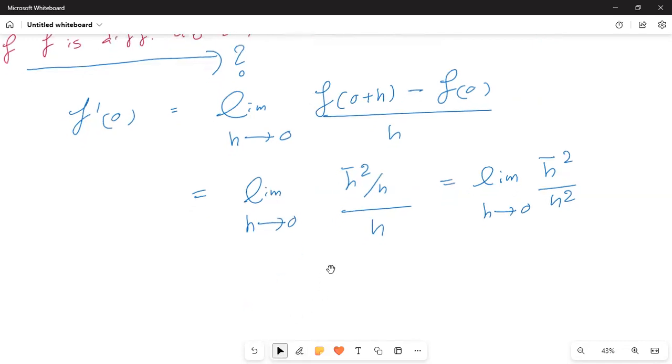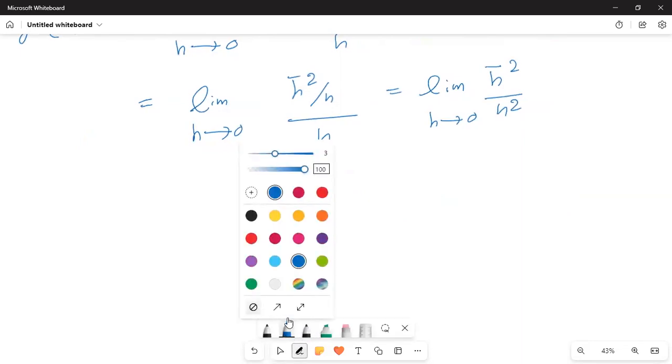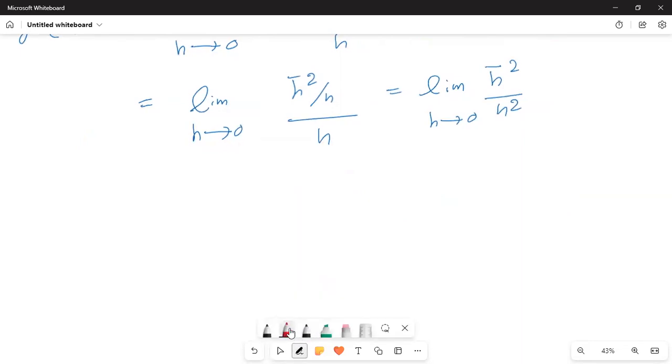So now we have to find whether this limit exists or not. In order to do that, since we are in the realm of complex numbers, unlike the real numbers, there are so many ways to approach 0 in the complex plane. For example, I will compare it with the real case.